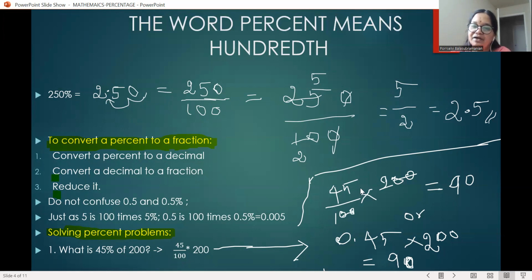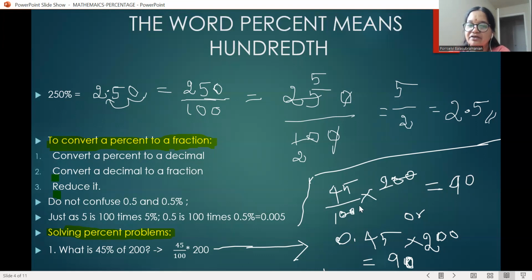Here I explained how to simplify this equation. You can cancel these zeros in both places. Then you will get 45 into 2. At the end, the value is 90. This is one of the ways to calculate this value.